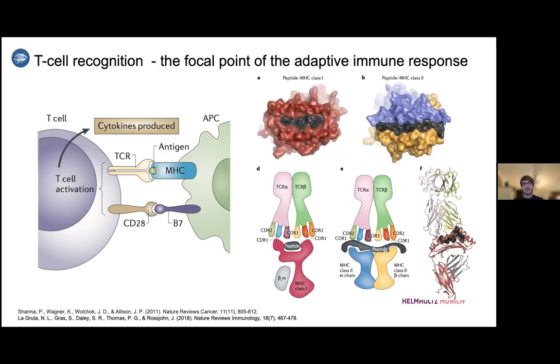And so the key point here is, if we want to understand when a T cell is activated, we need to understand this interaction. One major aspect here is that the T-cell receptor itself needs to be highly diverse to be able to recognize the plethora of different pathogens that are out there.